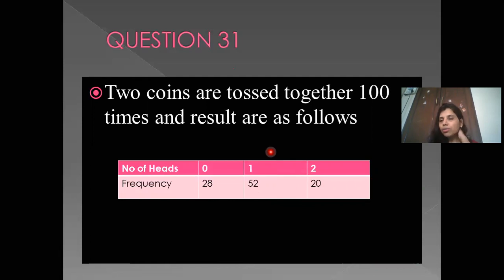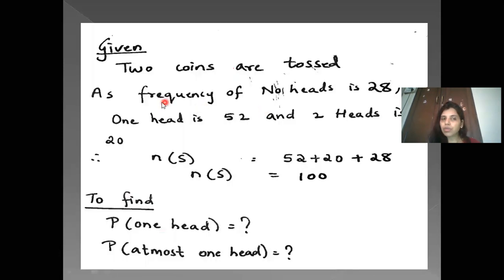So now here you can see 2 coins are tossed. Whenever 2 coins are tossed, you are not going to take that 2 raised to 2. The reason is frequency is given, don't get confused.